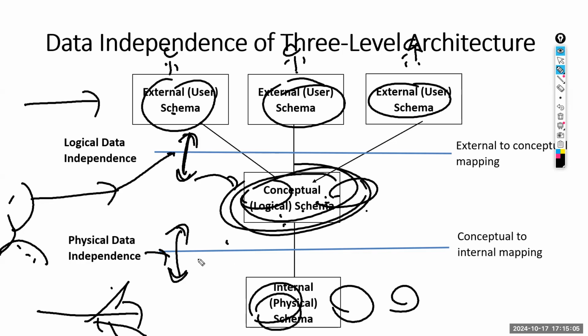Relevant files are updated by the DBMS. Your Oracle database management system, Microsoft SQL database management system, MySQL database management system, and so on. So this mapping is handled by the DBMS.